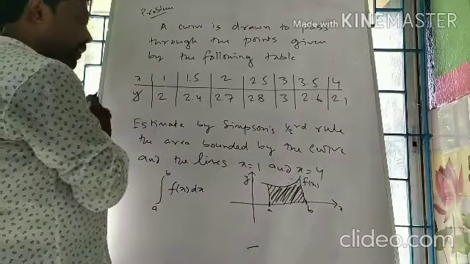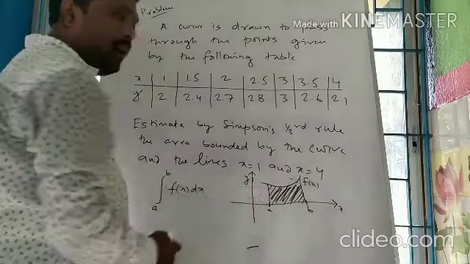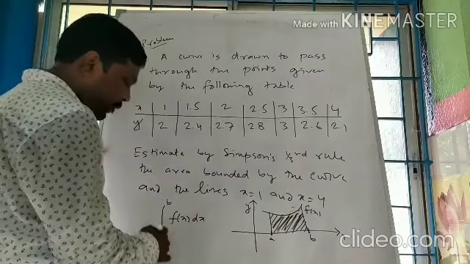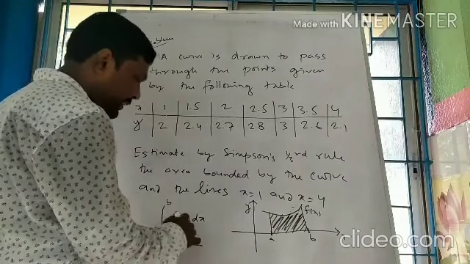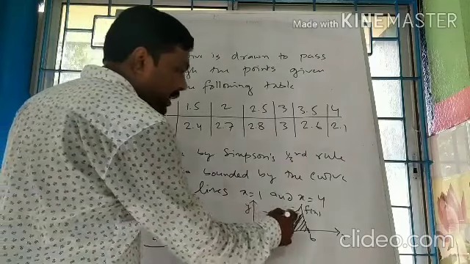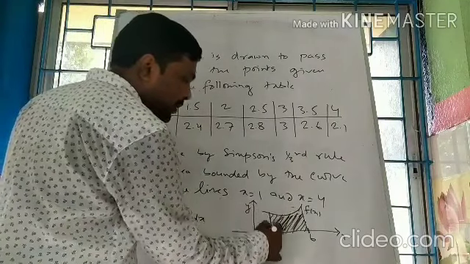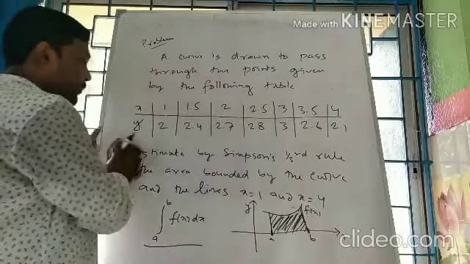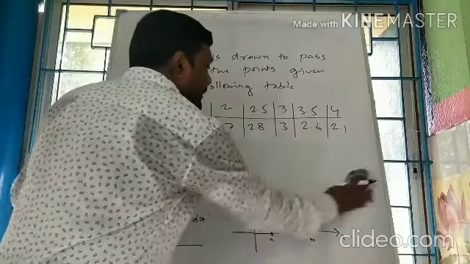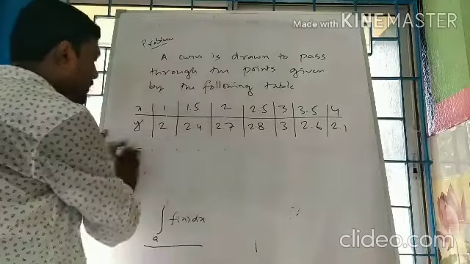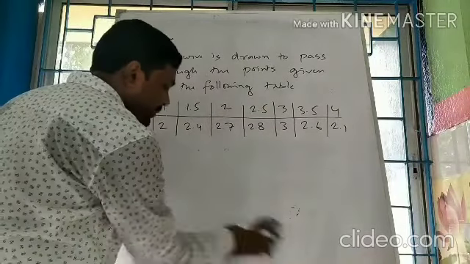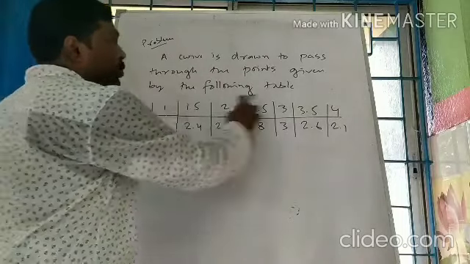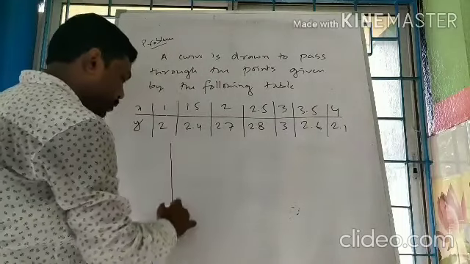Now we have to find the area bounded by the curve satisfying this data set and the straight lines x equals 1, x equals 4.